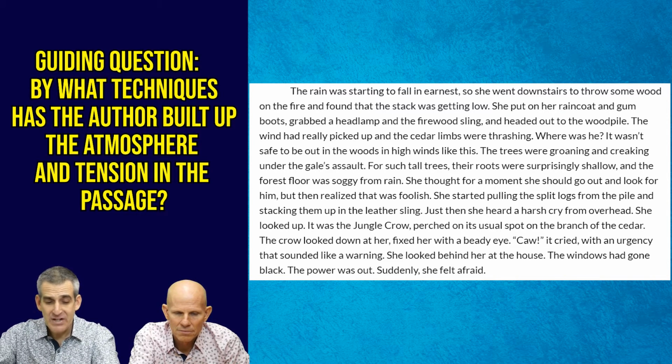The wind had really picked up and the cedar limbs were thrashing. Where was he? It wasn't safe to be out in the woods in high winds like this. The trees were groaning and creaking under the gale's assault. For such tall trees, their roots were surprisingly shallow, and the forest floor was soggy from rain. She thought for a moment she should go out and look for him, but then realized that was foolish.